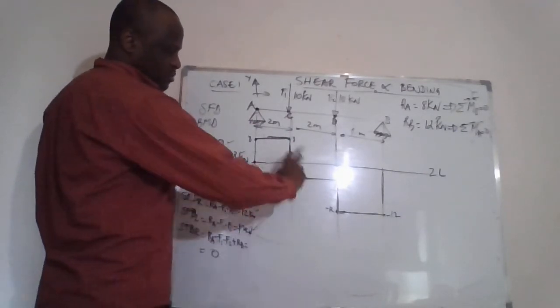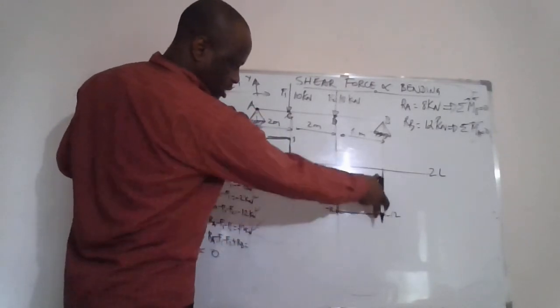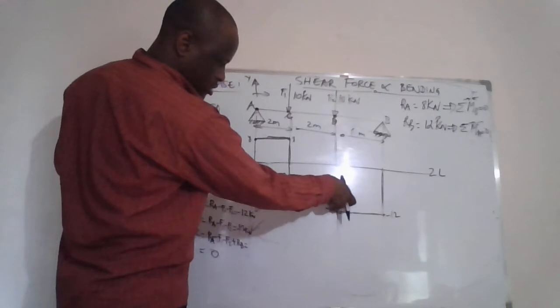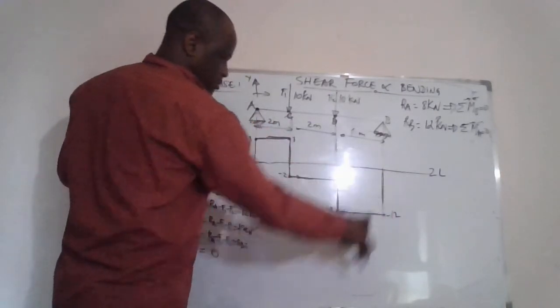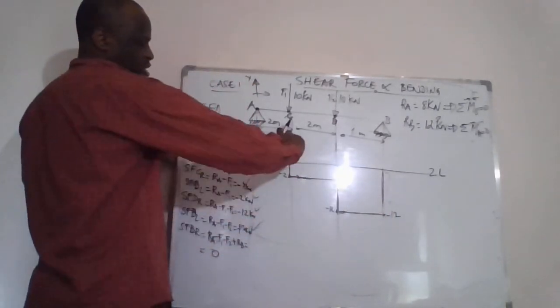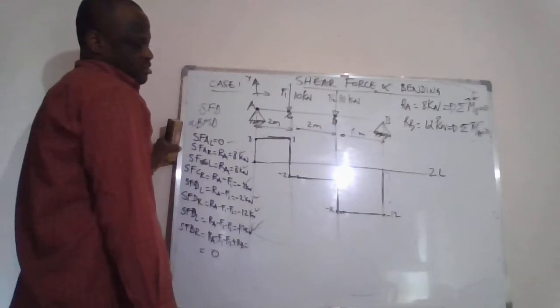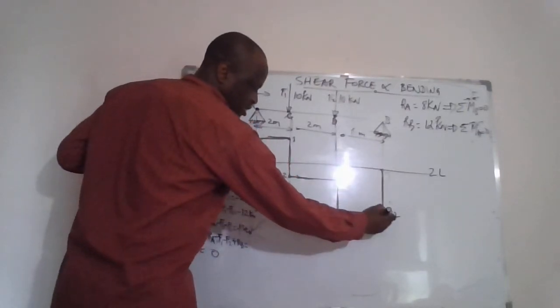I think we can see that the biggest shear force should be this one or this one. Should be this one, because this is 12 units and this is 10 units. This is also 10 units. It means this is where we have the biggest shear force.